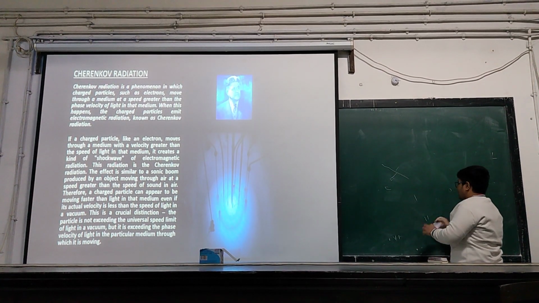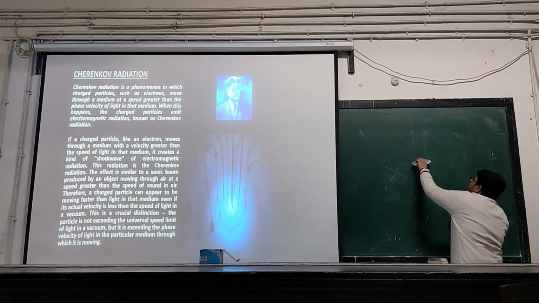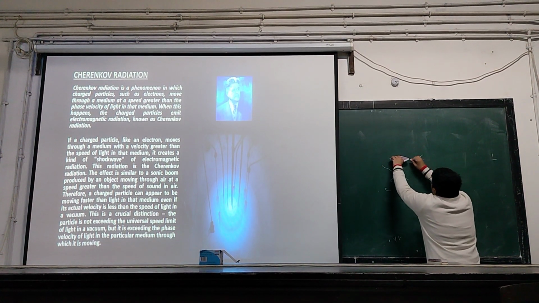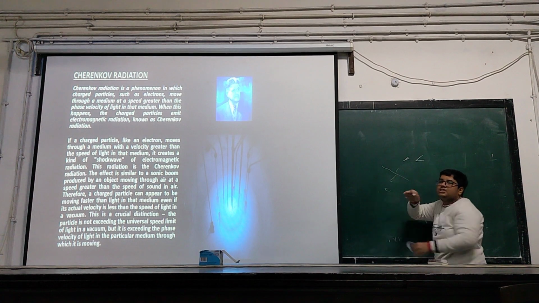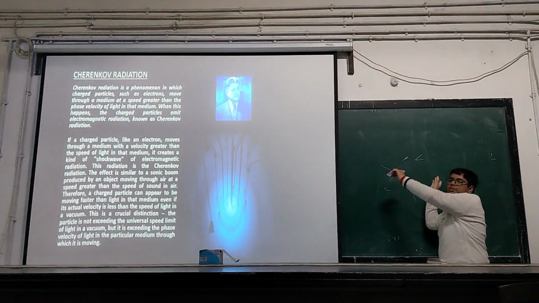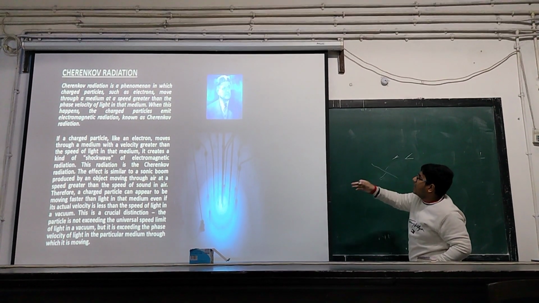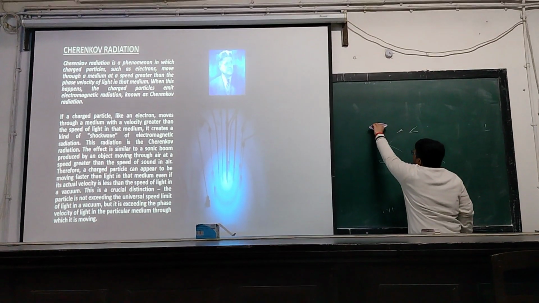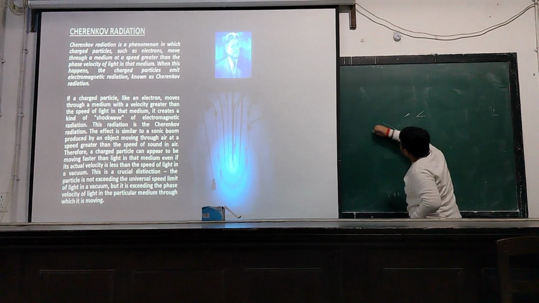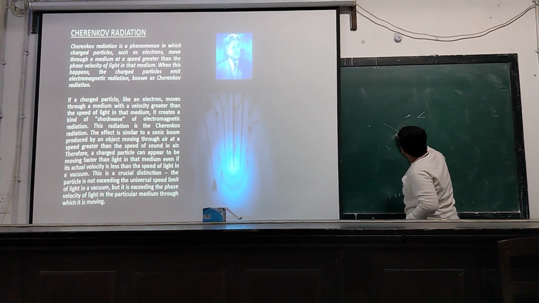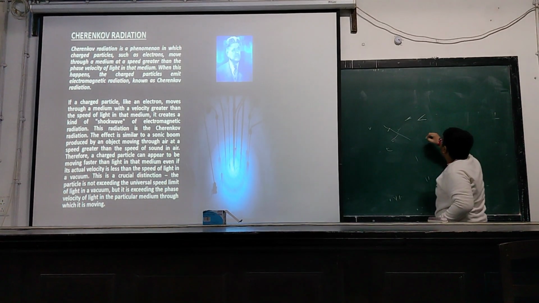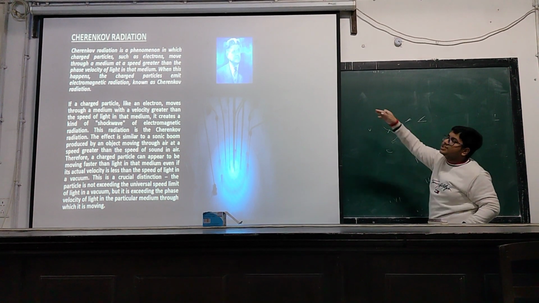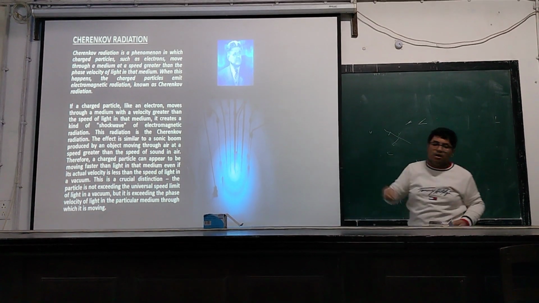Then it gives off a wake in the water as the boat goes forward. By comparing Cherenkov radiation with this phenomenon, we can say that the particle is the boat moving in the medium, the ocean, where the speed of light or the speed of the wave is c, and the wave caused is the radiation emitted, the Cherenkov radiation.